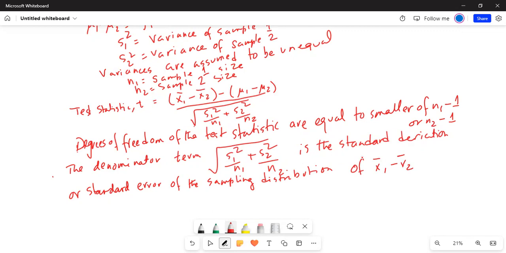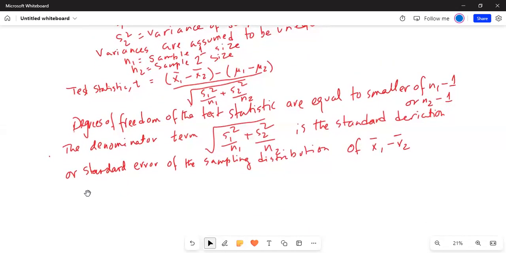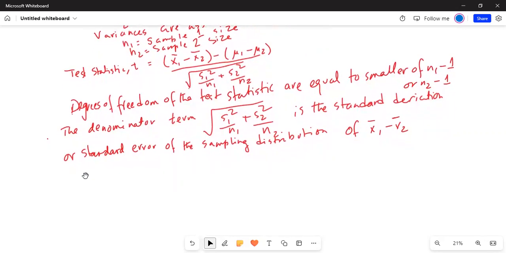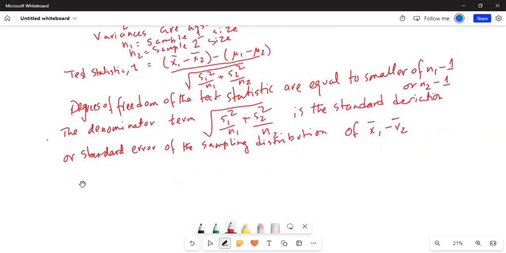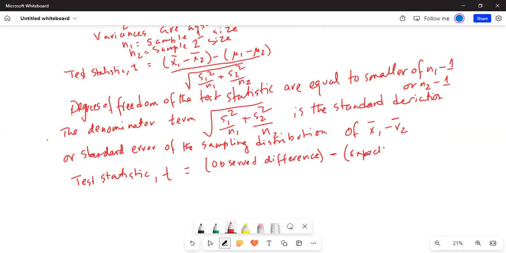So the test statistic is of the form t is equal to the observed difference minus the expected difference, which comes from the null hypothesis, divided by the standard error.